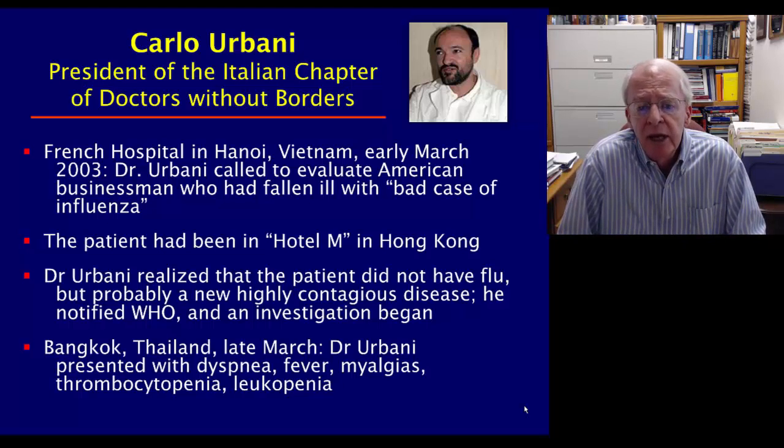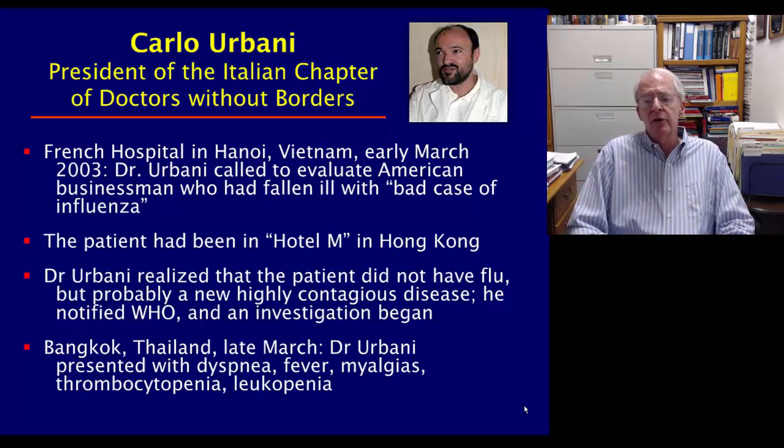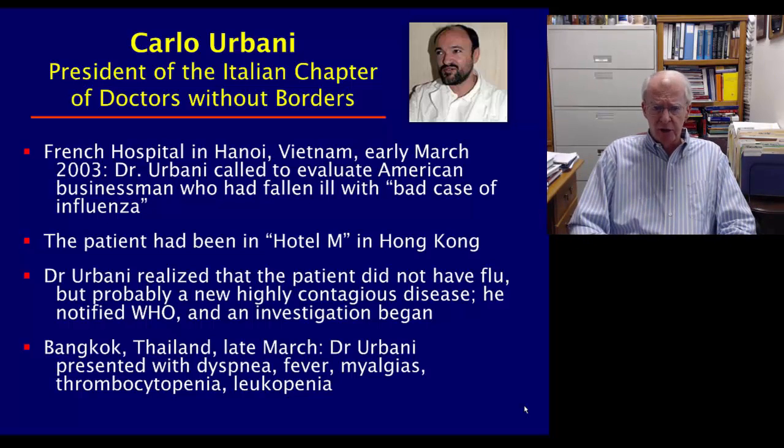The patient had been in a hotel, the Hotel Metropole in Hong Kong, a few days prior to the onset of his illness. Dr. Urbani realized that the patient did not have influenza, but probably had a new highly contagious disease. He notified WHO, implemented infection control precautions in the French hospital, and began an investigation.